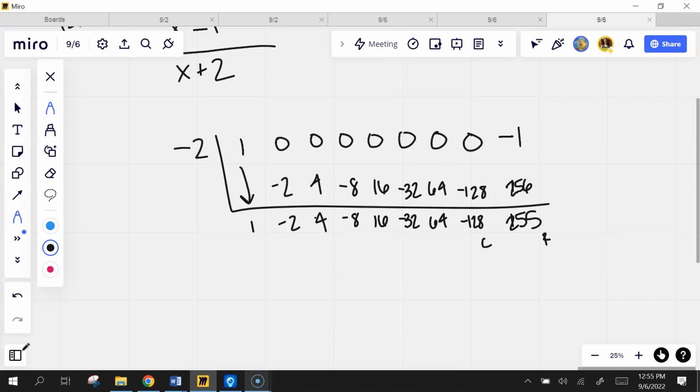Remainder, constant, x squared, x cubed, to the 4th, to the 5th, to the 6th, 7th.